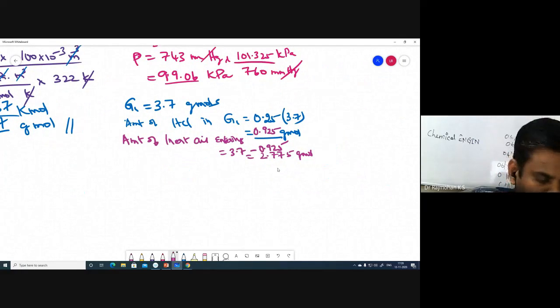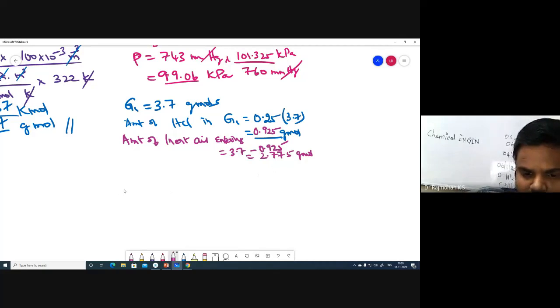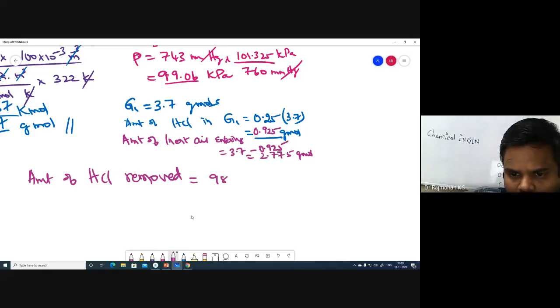So we got the amount of the value, and it is also given that 98% of HCl is removed from the system. During absorption, what is happening? 98% HCl is removed. So HCl present in the feed is 0.925. So amount of HCl removed is equal to 98% of amount of HCl in G1 entering.